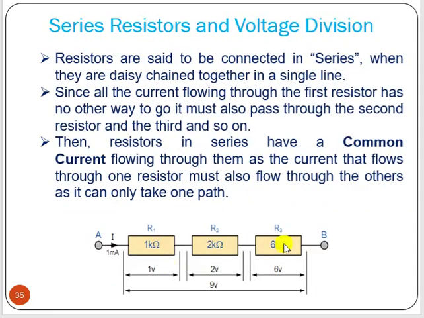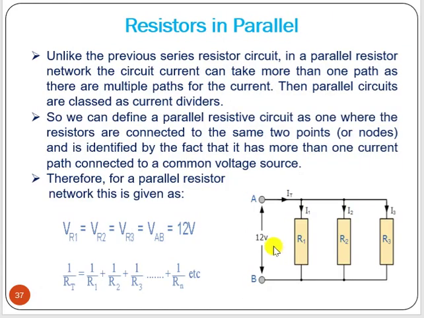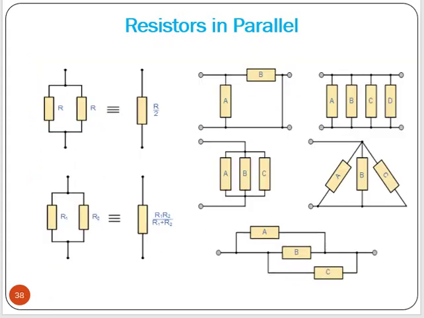For parallel, 1 by R equivalent or total resistance equals 1 by R1 plus 1 by R2 plus 1 by R3, and so on. If there are only 2 resistors, 1 by R total is R1 plus R2 over R1 into R2. So R total is R1 into R2 divided by R1 plus R2.